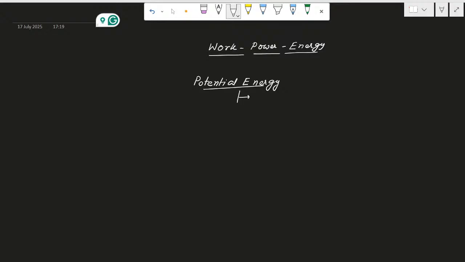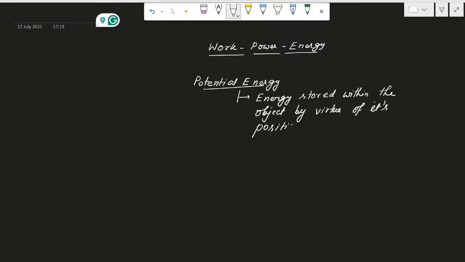So actually it is a common definition, that is energy stored within the object by virtue of its position, by virtue of its position in a field of force.